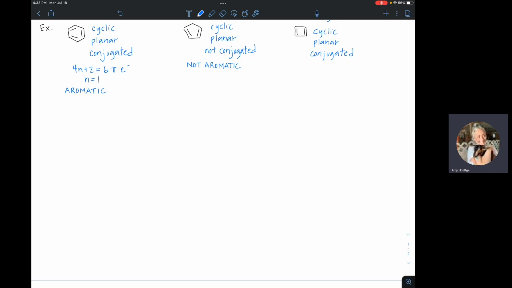So I meet all three criteria for aromaticity, except the fourth rule, Huckel's rule, actually doesn't apply here. These follow the 4n rule, where n is 1 here. I have 4 pi electrons. So n is equal to 1, and we call this anti-aromatic.